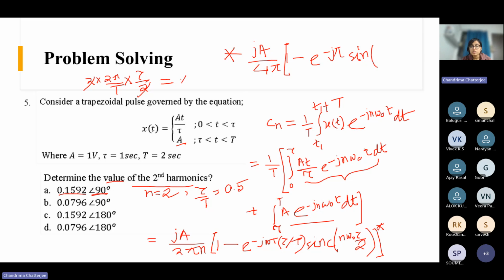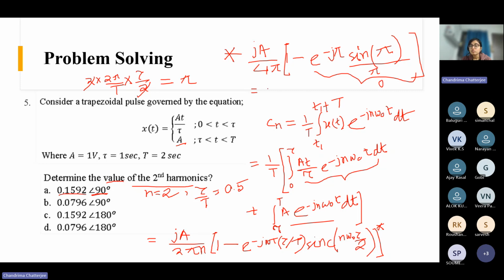So this is pi. Sin pi by, again n omega naught tau by 2, so here also we have pi. Right. Sin pi is equal to 0. So this whole thing becomes 0.